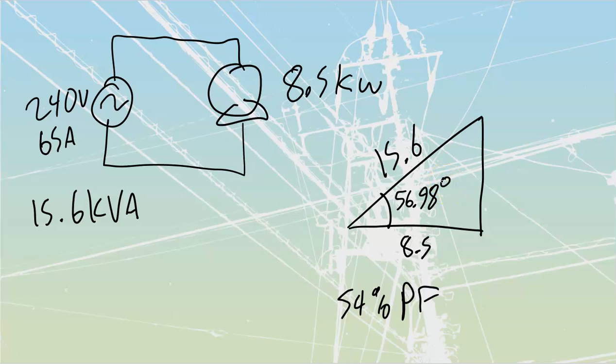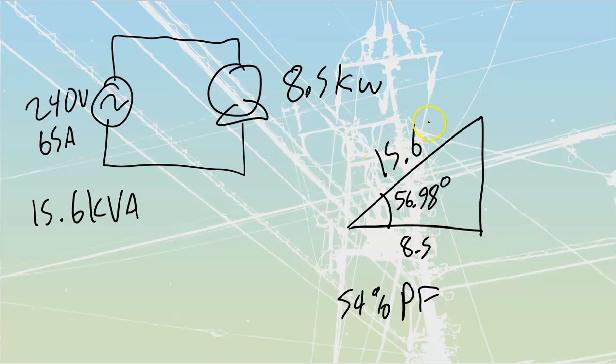Once we've got this angle, we can solve for our kVARs. We just punch that all into our calculator and let it solve for us, and then we'll be able to figure out our kVAR value.